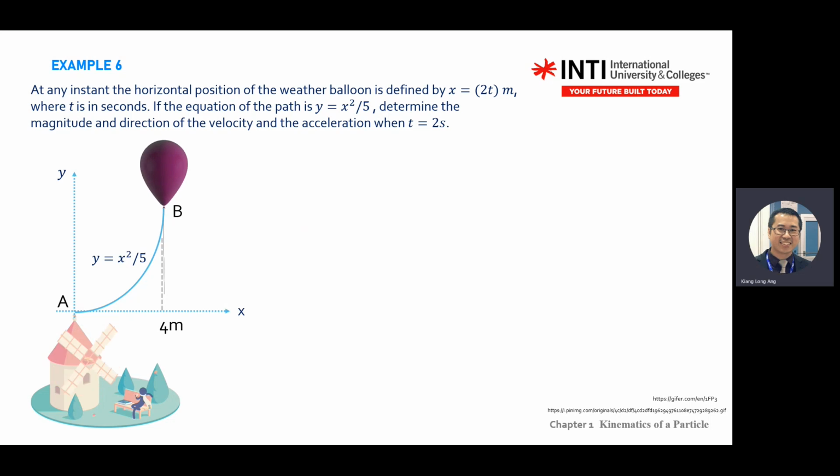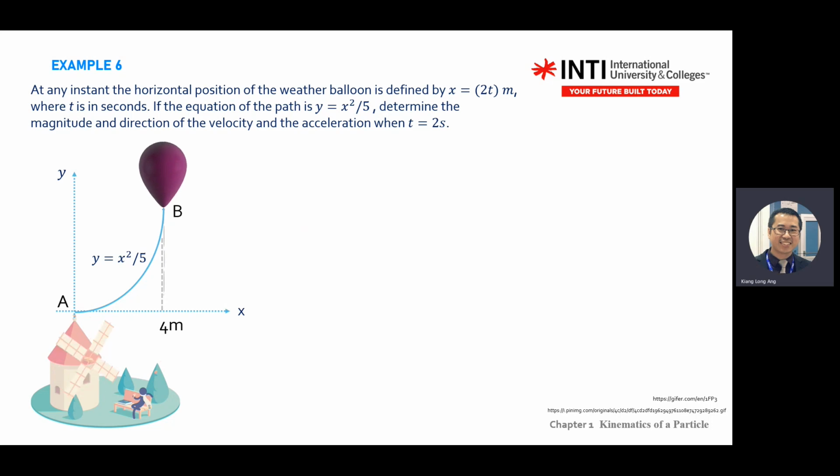Again, location was given to you, axis x and y. You have point A and point B. When it starts flowing, the balloon is at an initial distance from the tip of the roof. X is 4 meters, y is in quadratic equation.